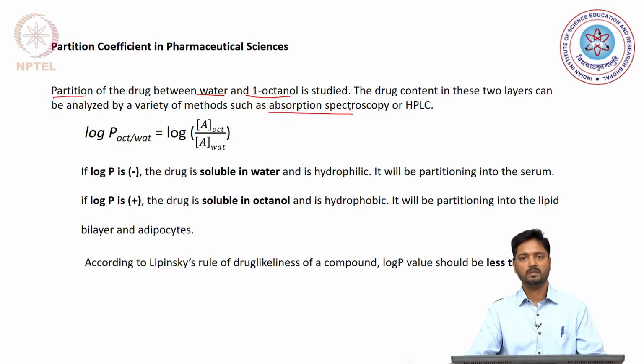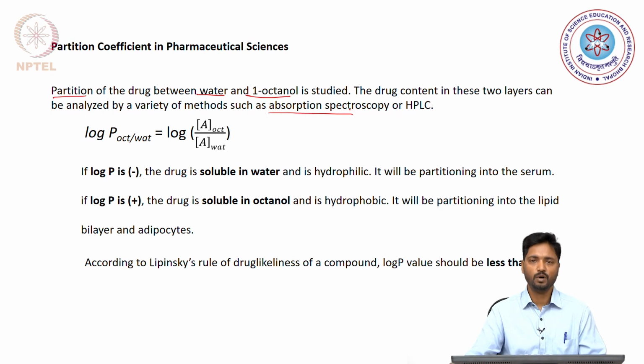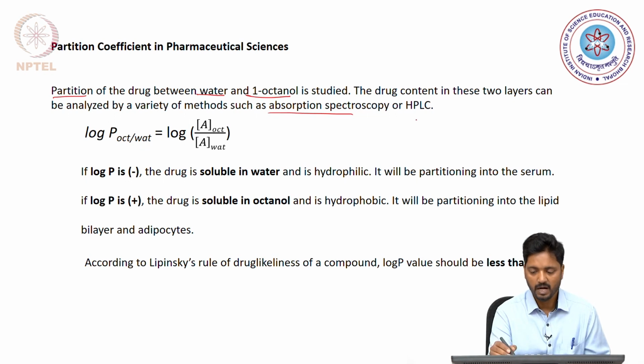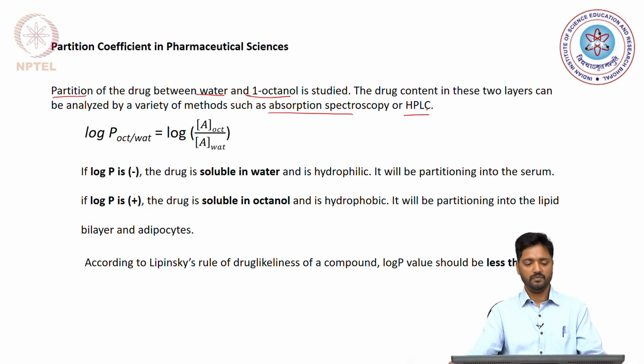If our drug molecule is having a particular absorption either in the visible or the ultraviolet range, then we can easily employ absorption spectroscopy because it's a decently sensitive technique. Another sensitive technique which people commonly use and which we will also study in the subsequent lecture of this week is the high performance liquid chromatography.